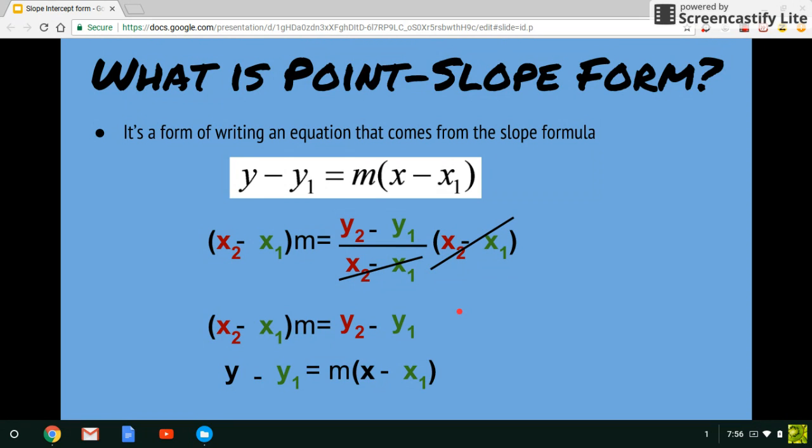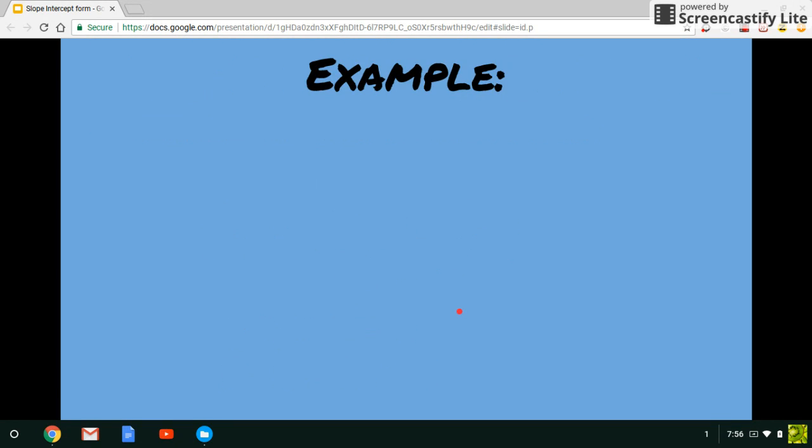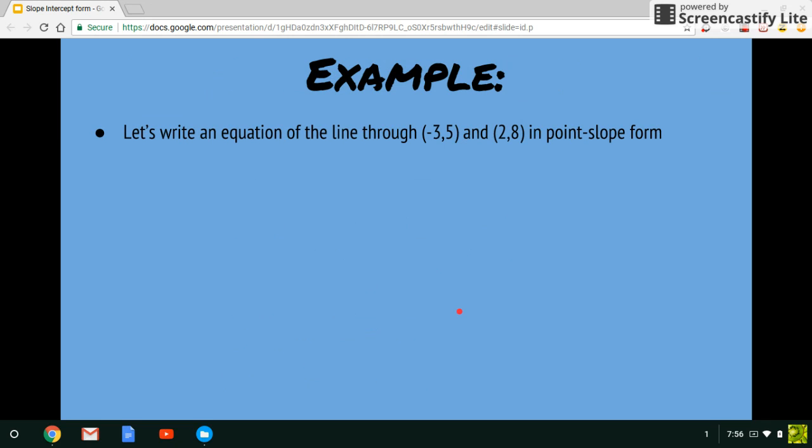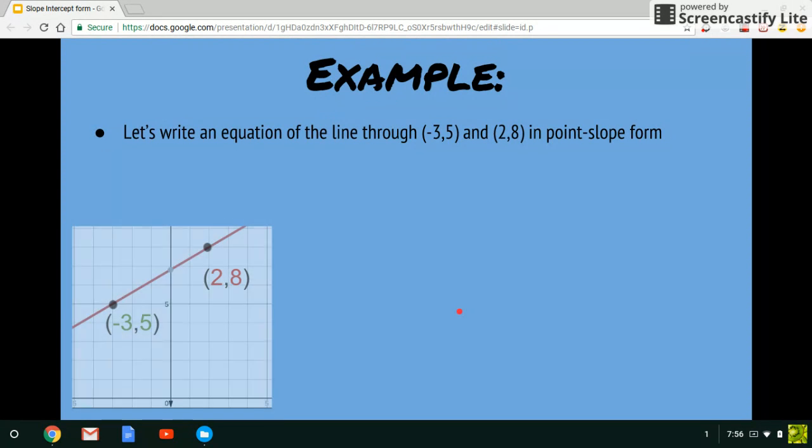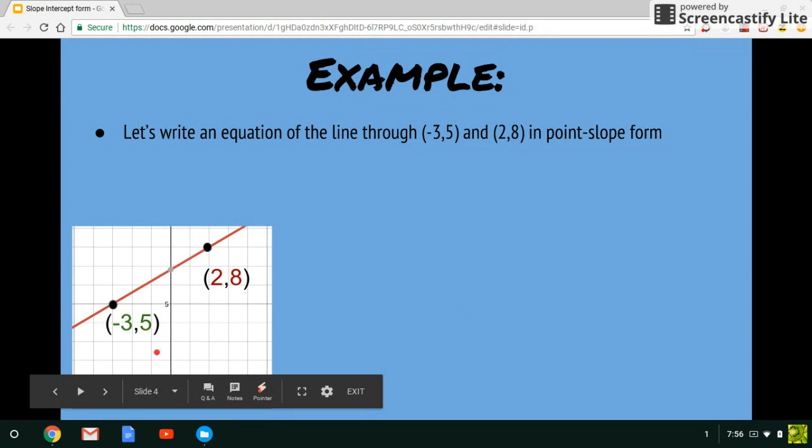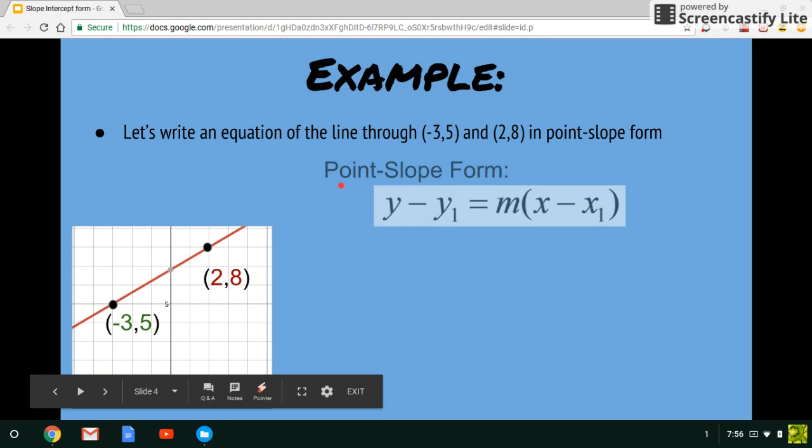Okay, so now that we know what we're dealing with, let's figure out how to use it. Let's write an equation of the line that goes through the points (-3, 5) and (2, 8), and we're going to use point-slope form. Here's graphically what we're looking at, and we want the line that goes through those points.